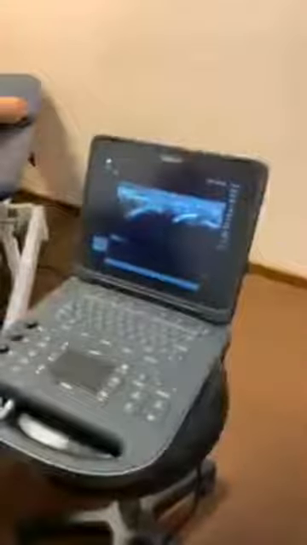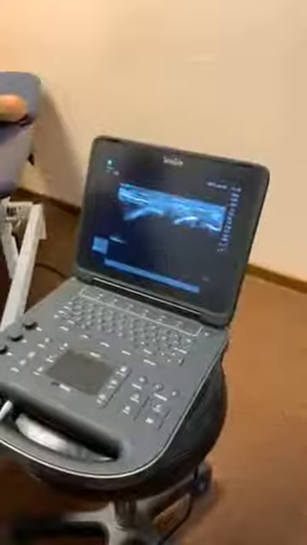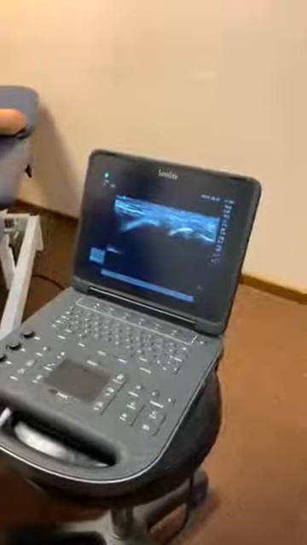So we can see the structure right through there. Okay, so we can utilize this in a lot of different ways. What we're going to do now is the Achilles tendon.